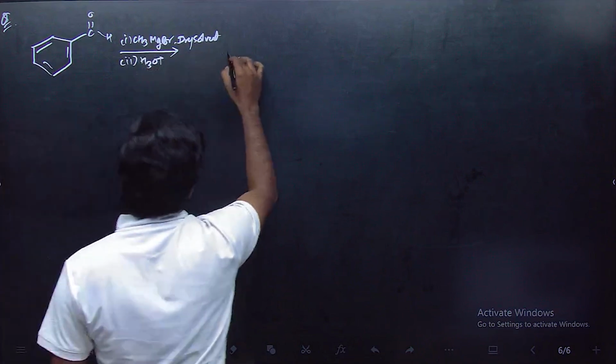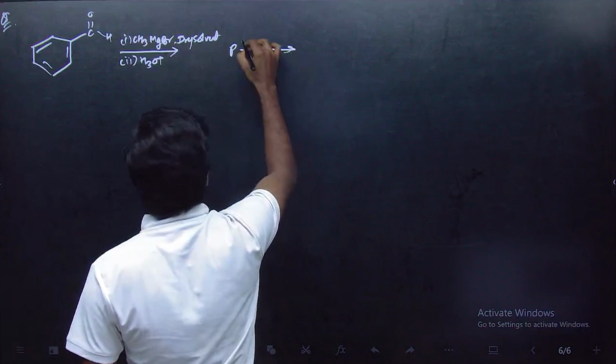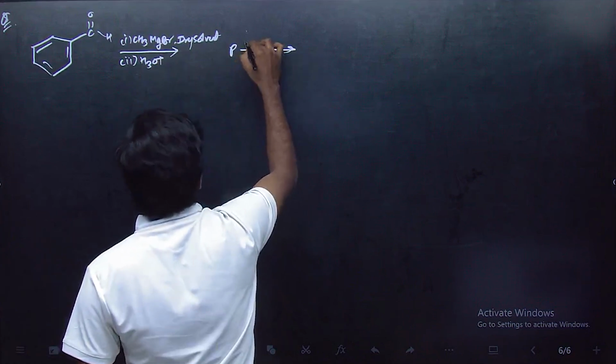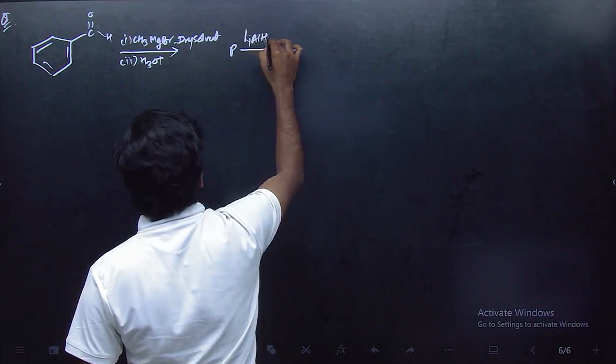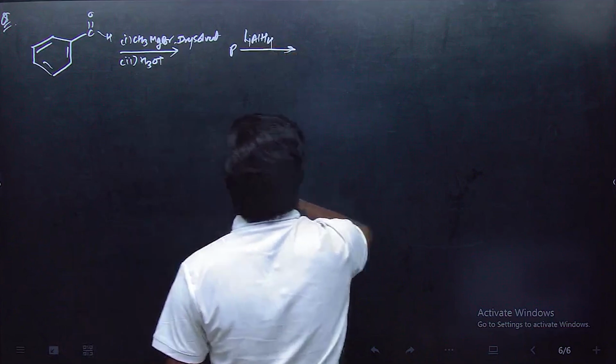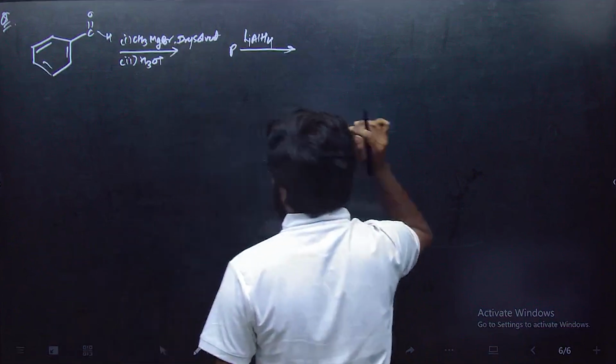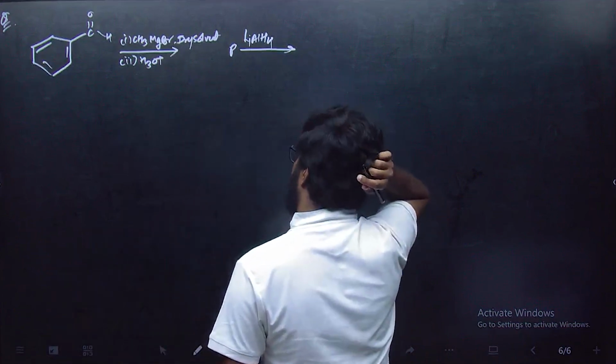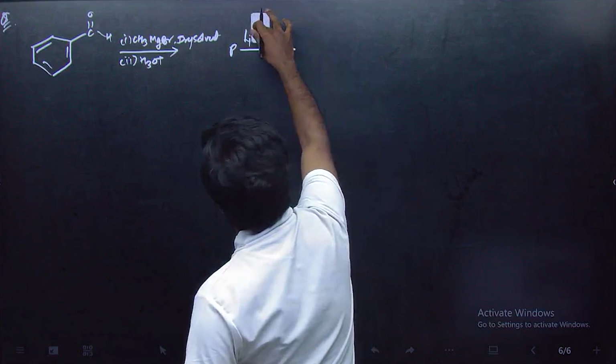What you get is this P, and then again you use let's say LiAlH4, and I don't think you can use LiAlH4 further even.